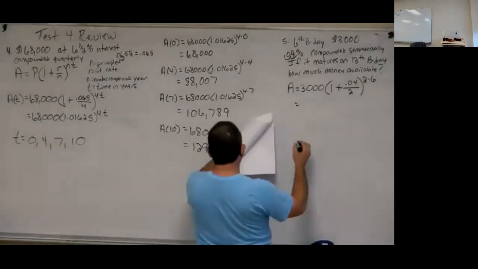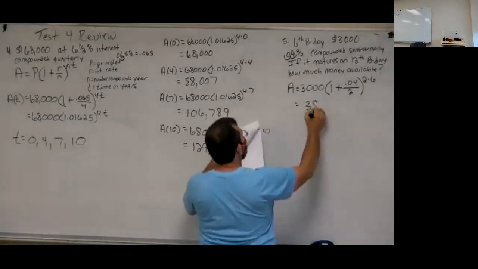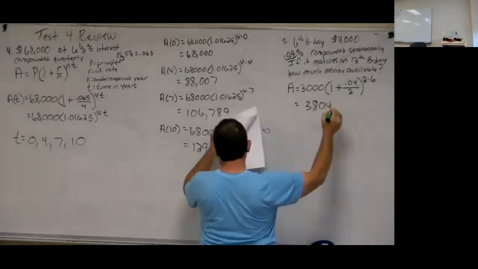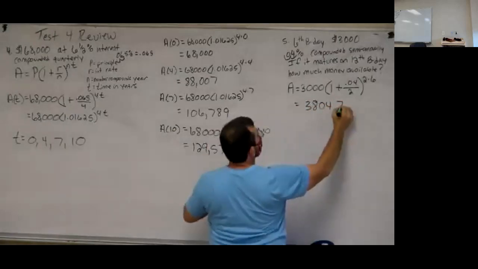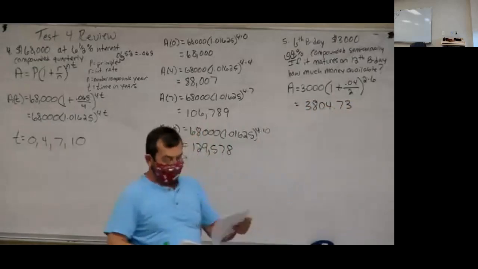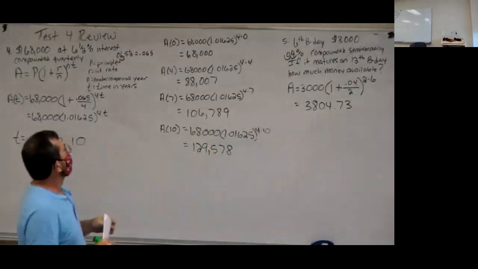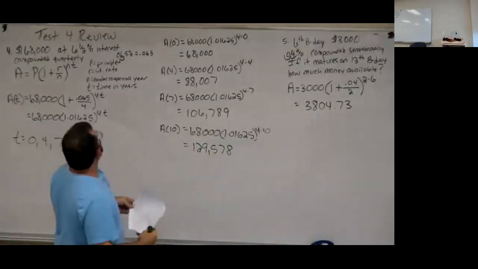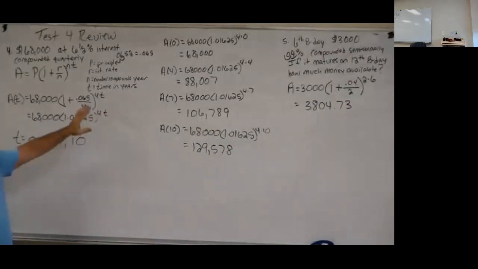So I came up with on that one $3,804.73. So hers didn't grow as much as this, but she invested a lot less money at a lower percentage rate, okay? So in 6 years, the little girl made $800 though, right?